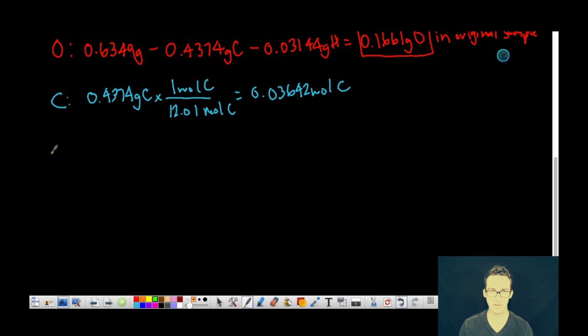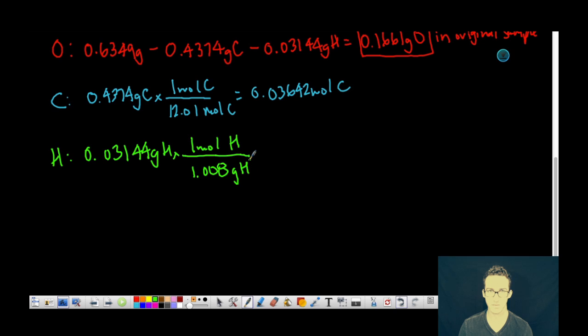With hydrogen, we determined that we had 0.03144 grams in our original sample. Converting to moles of hydrogen, whoa, error.